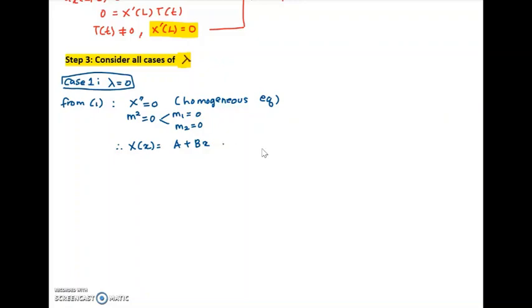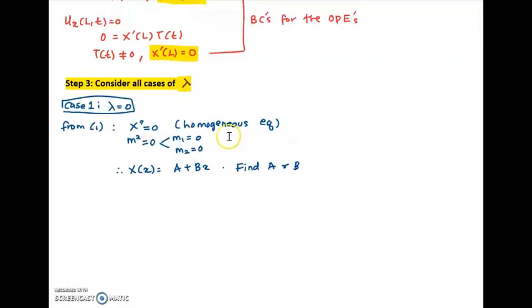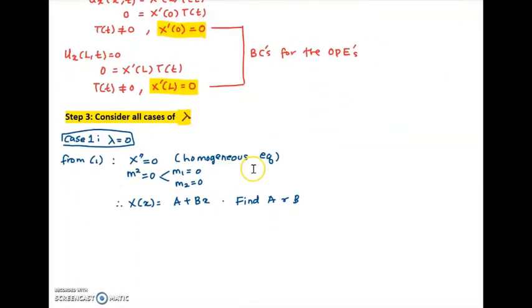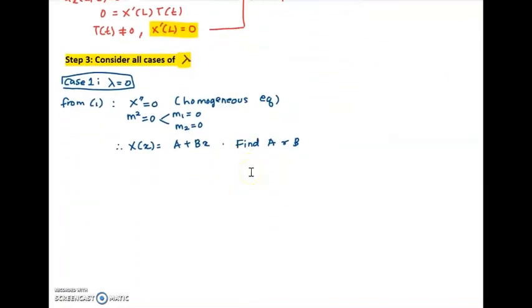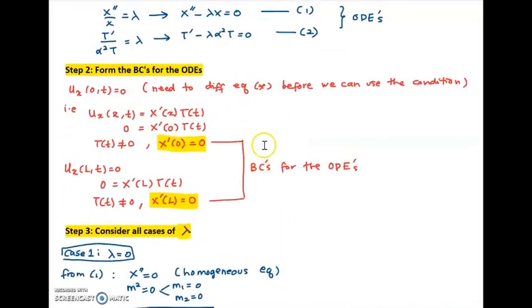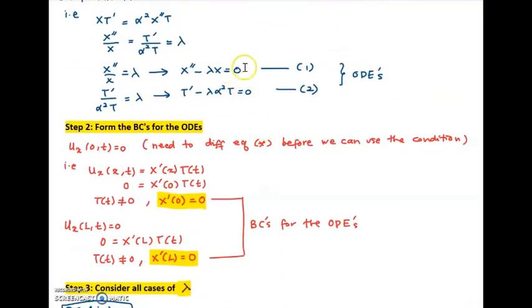Now we are going to find a and b by using the boundary conditions that we obtained in step 2. Highlight here, this is your general solution for X, the general solution for ODE 1.